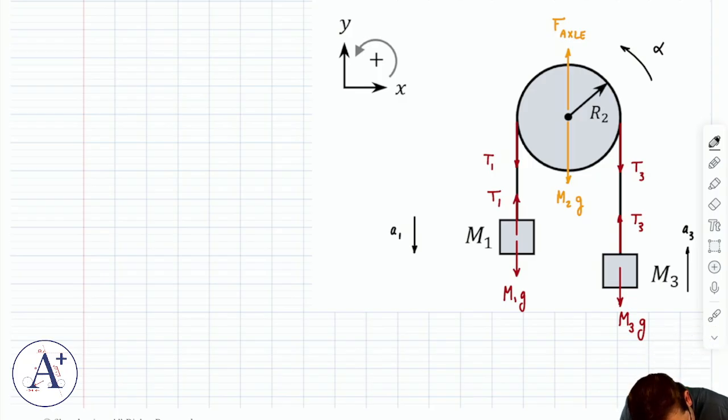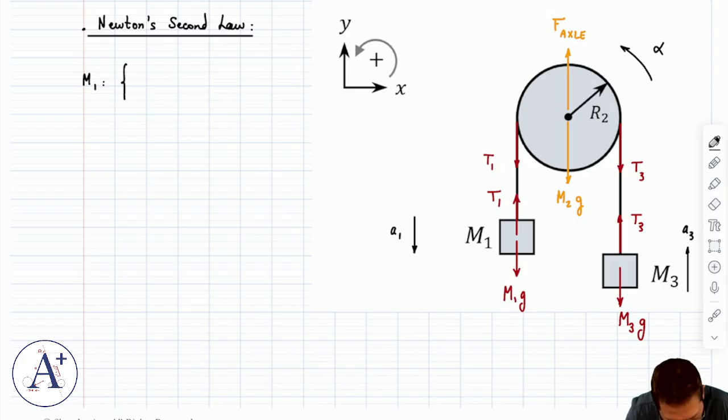Okay, so then let's write some equations. Let's write Newton's second law for M1 and M2. We have to be careful with our signs here. F net equals ma.